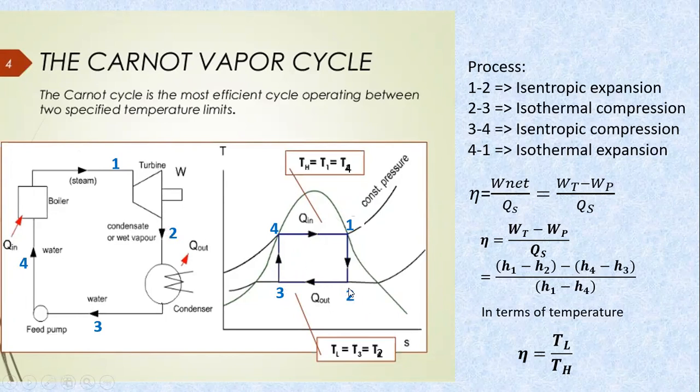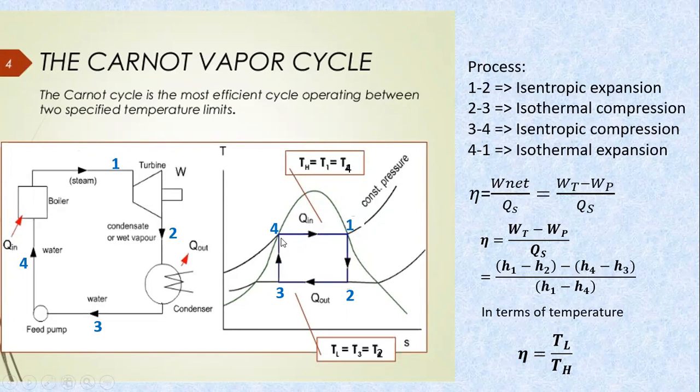The wet steam is then passed through the condenser and the steam gets condensed. And the condition of the steam coming out is at 3. So this is again a wet steam. Then it is pumped back to the boiler and point 4 is saturated liquid.